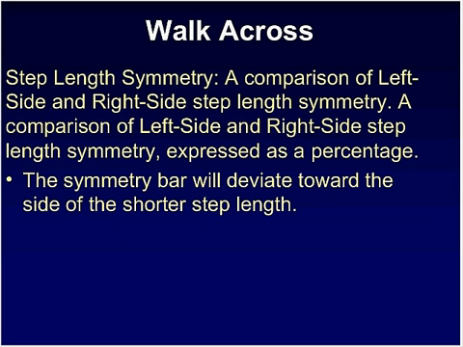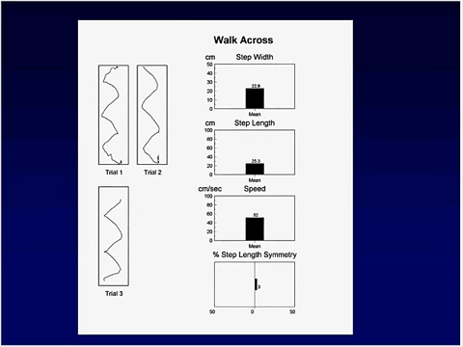In addition, it will calculate a step length symmetry, which is a comparison of the right and left sides. And again, that symmetry bar would deviate towards the shorter step. So when the patient walks across the force plate, you'll get the step width, step length, their speed in centimeters per second, as well as a percentage of step length symmetry comparing the right and the left.